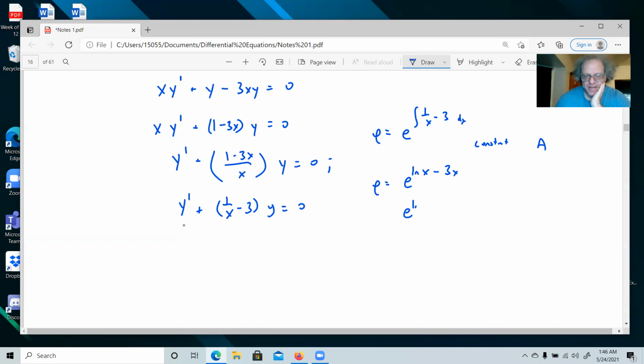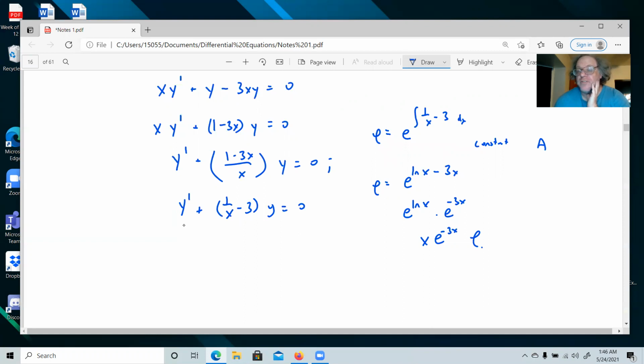That's e to the ln x times e to the negative 3x, a property of logarithms. E to the natural log x was just x. So we have x e to the negative 3x. Here's my integrating factor.